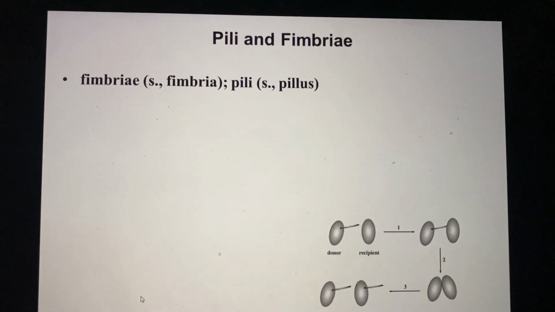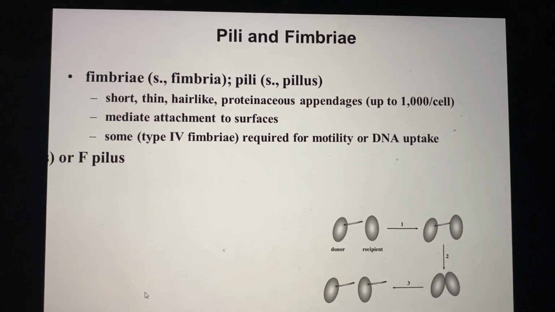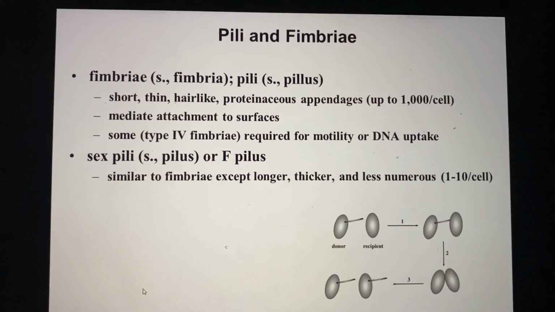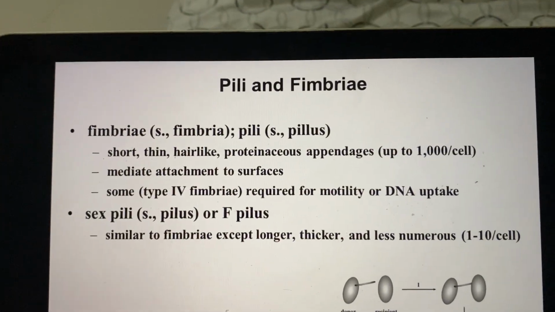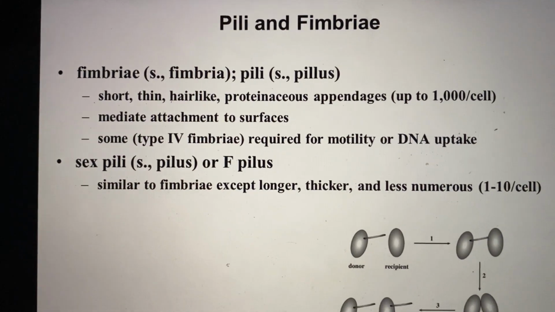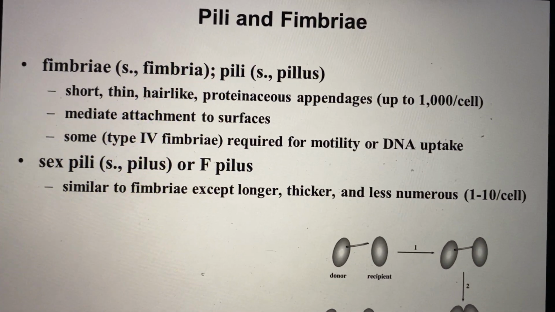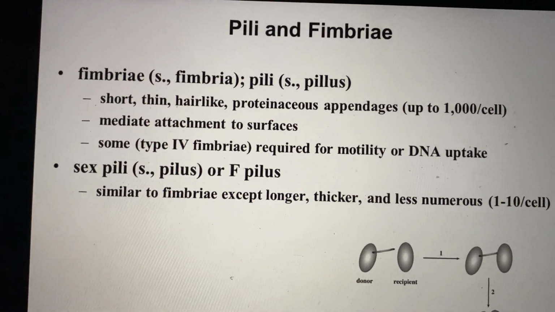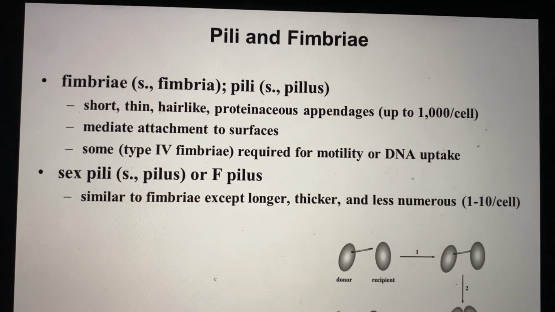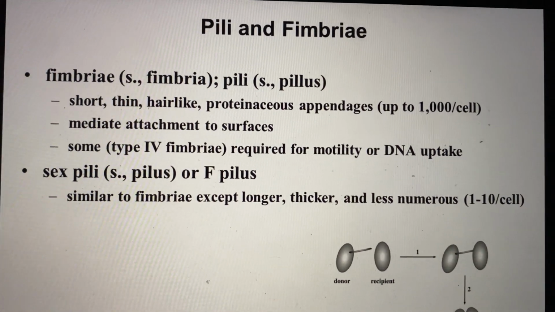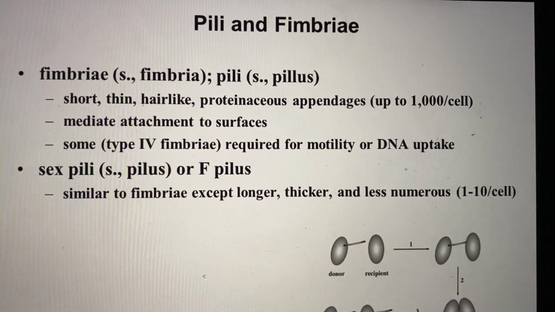So if you look at pili and fimbriae first, now the authors differ on this. We used to call them fimbriae and sexpili or pili, but we have just added the prefix of sexpili, where you want to differentiate a pilus that is capable of allowing some conjugation to occur.